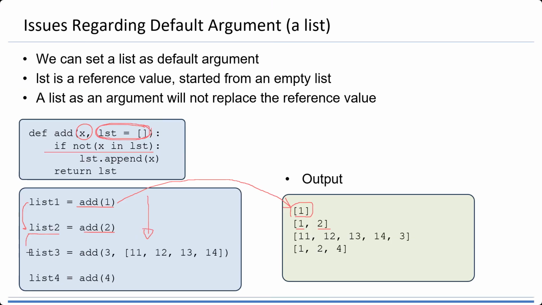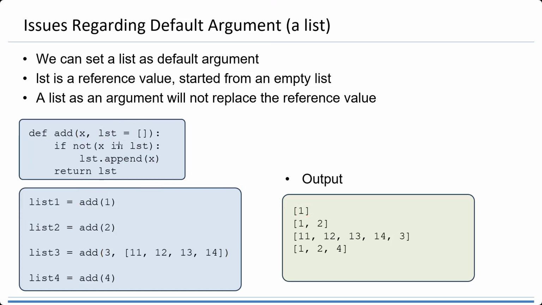I have list3. Now I'm going to add 3. And what is the list? The list is 11, 12, 13, 14. So I'm using the list 11, 12, 13, 14 as the lst.